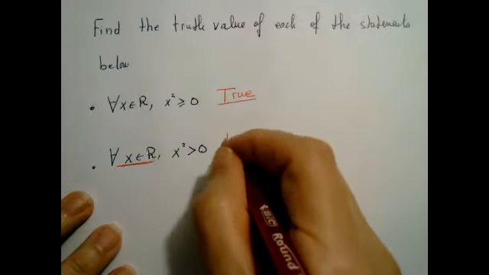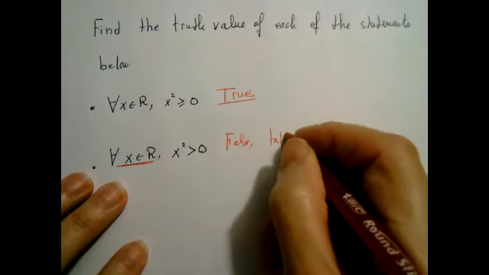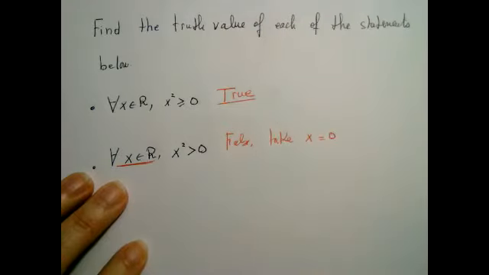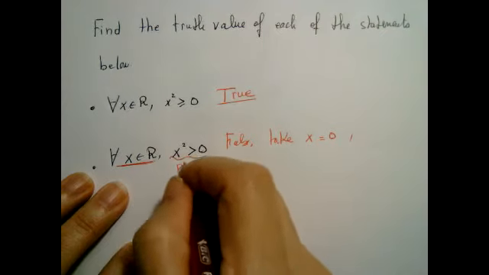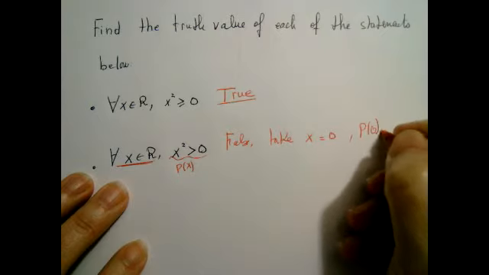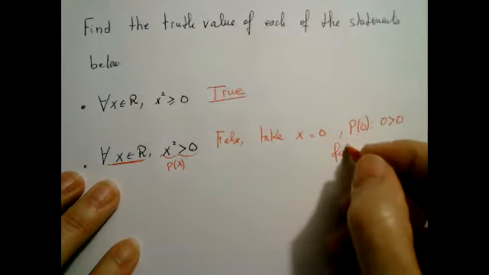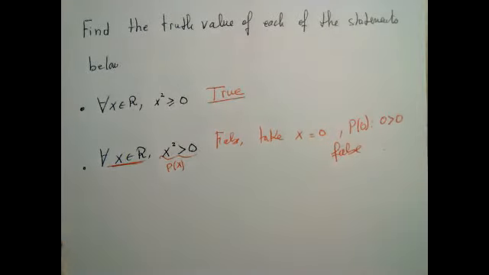This is false, because when you say false, you have to give me at least one value for which it is false. You can take x equal to 0, then P of 0 reads 0 larger than 0, which is absolutely a false statement. So when we say false, we have to be very precise.